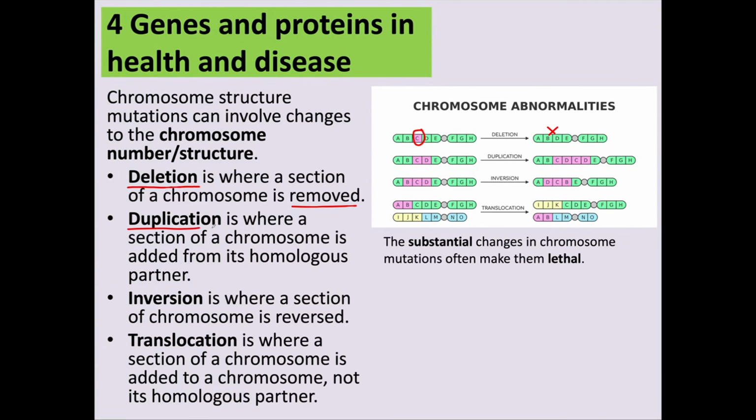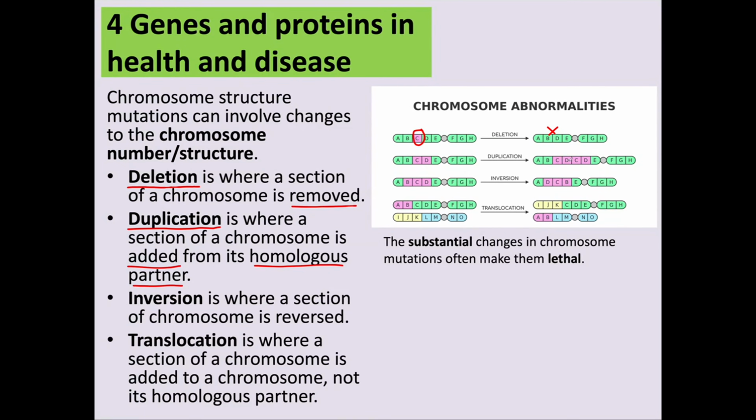The second one, duplication. This is where a section of the chromosome is added from its homologous partner. Now we know from the first topic that all of our chromosomes are in homologous pairs. So in duplication, we are getting a section added from the homologous partner. If we look at this example here again, we've got A, B, C, D, E, F, G, H. That's all normal in that chromosome.